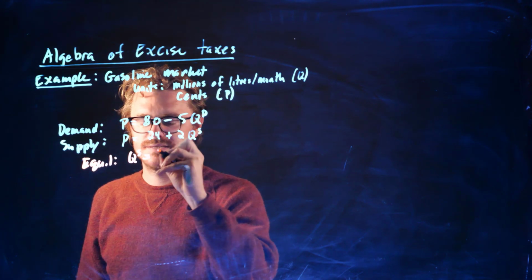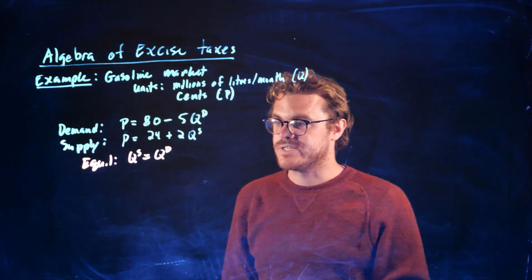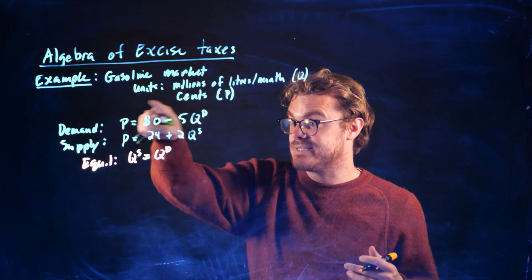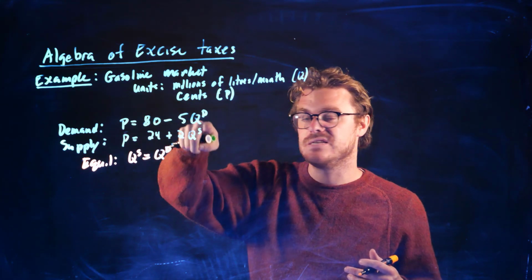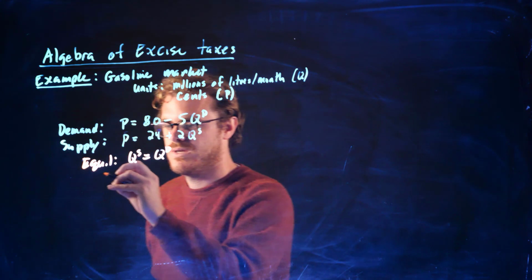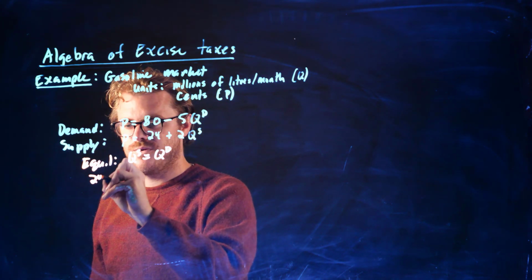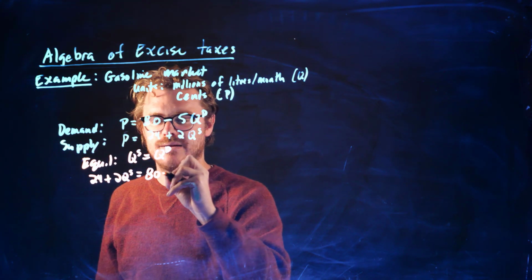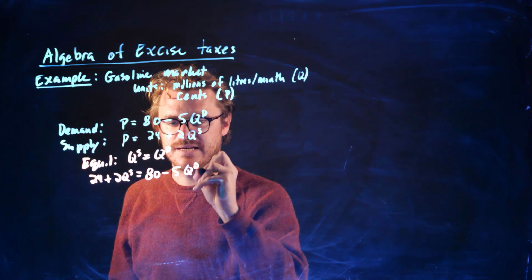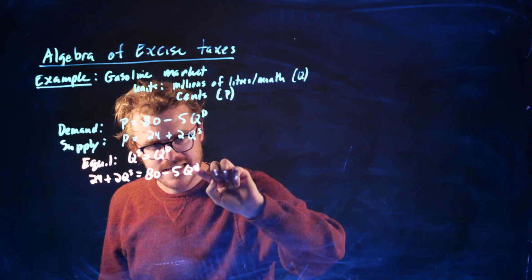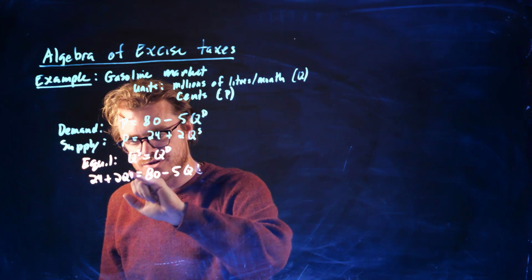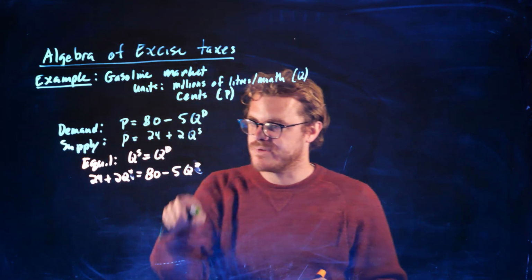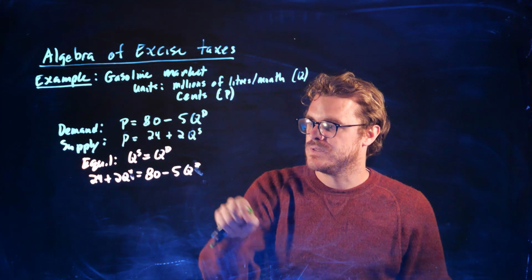That's where QS equals QD, or it's the price where that's true as well. So in essence, we're setting these two equations equal to each other in either case. So we have 24 plus 2QS equals 80 minus 5QD. But I'm going to take those superscripts out and just put a star, because we're actually solving for equilibrium because we've invoked it right there.